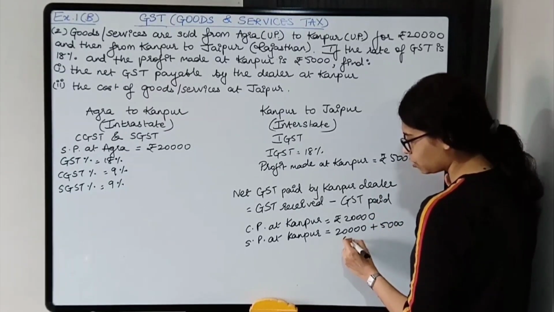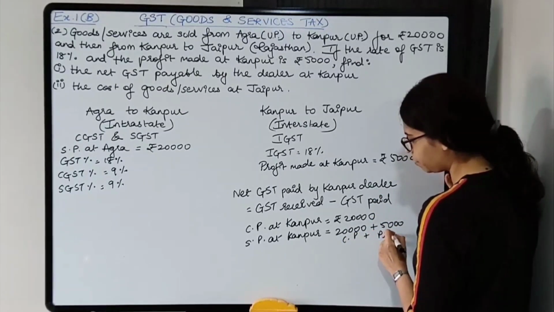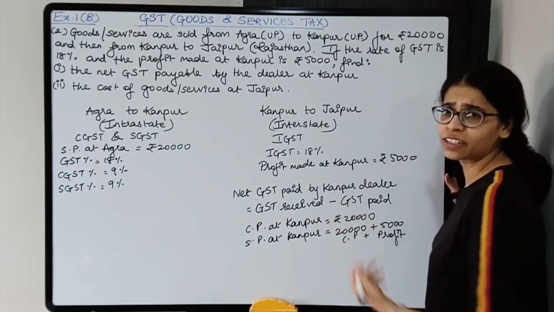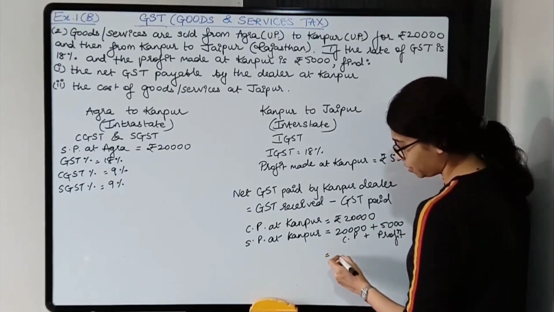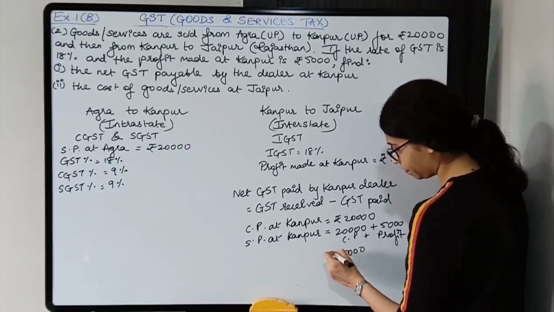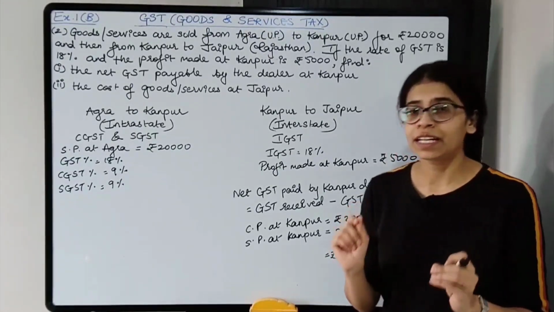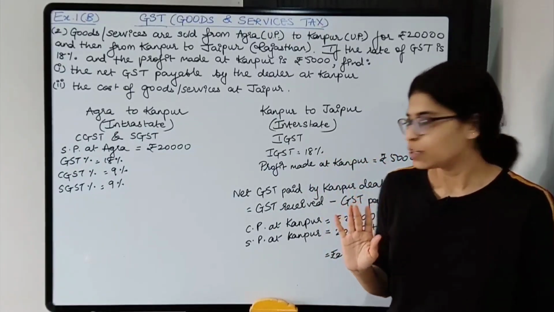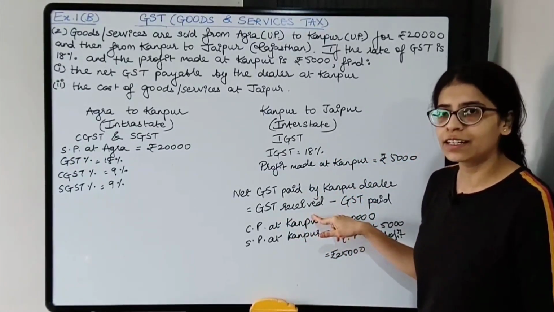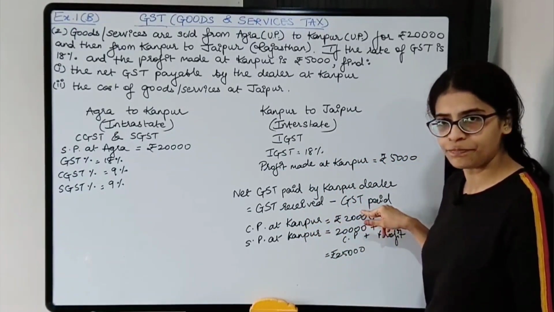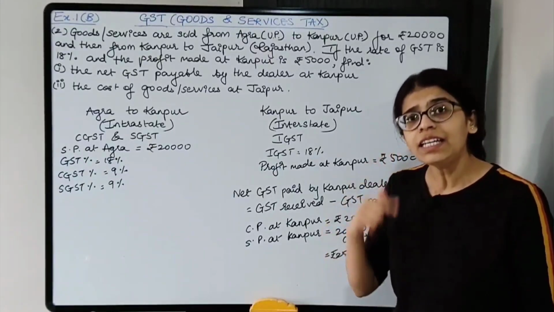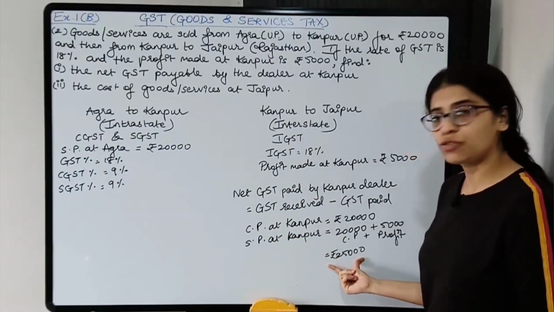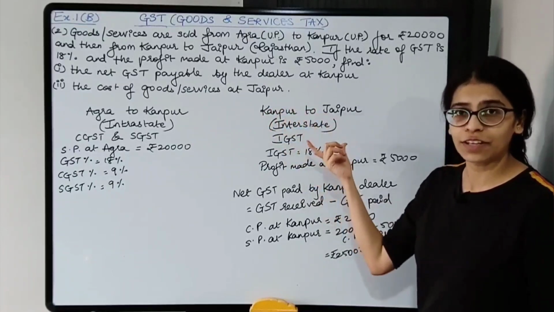That is cost price plus profit. Basic formula that you have learned in lower class. So 25,000. Now students, keep in mind we are talking only about cost price and selling price. GST is extra. So GST we have to calculate. GST received, GST paid. Now he is selling for 25,000 rupees. Kanpur is selling for 25,000 rupees.